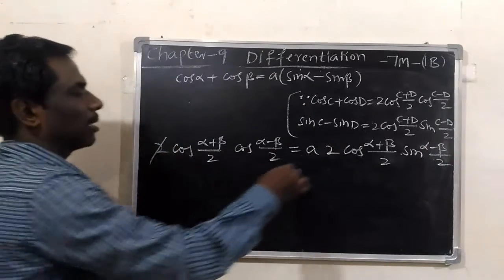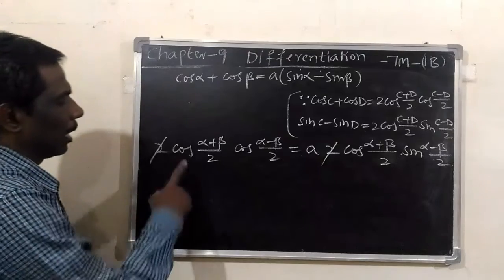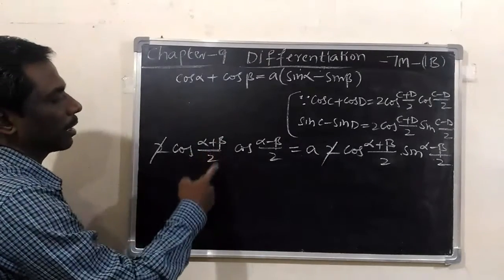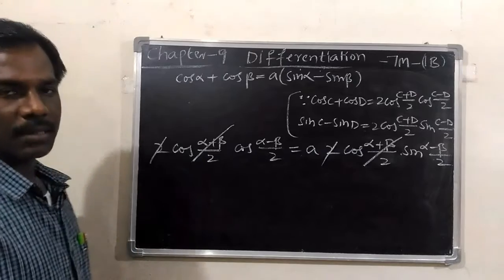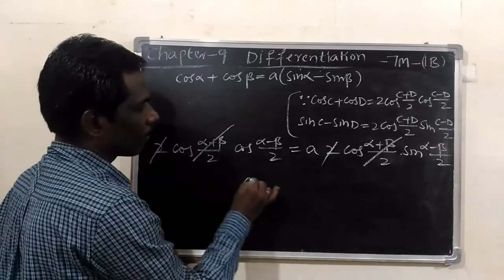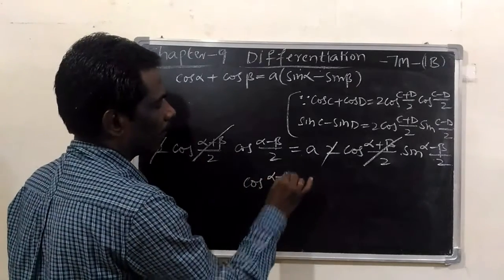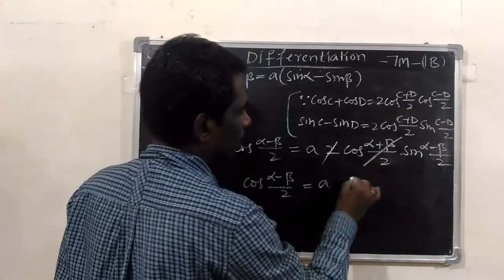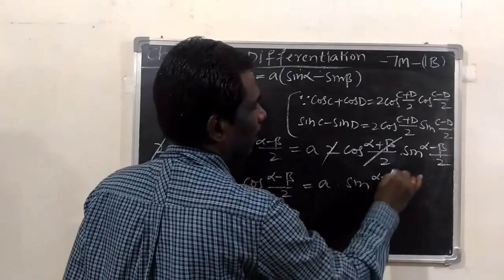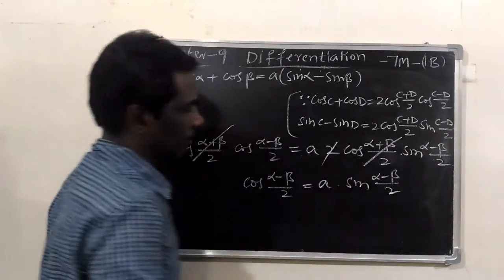So 2 cancels on both sides, and cos((α + β)/2) also gets cancelled. Now what remains? Cos((α − β)/2) = a sin((α − β)/2).